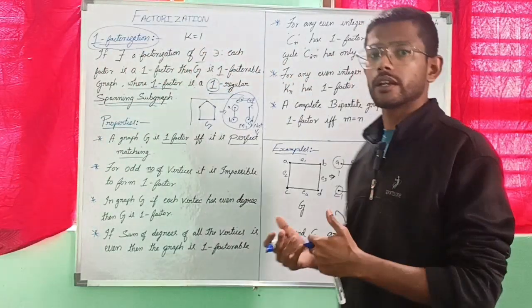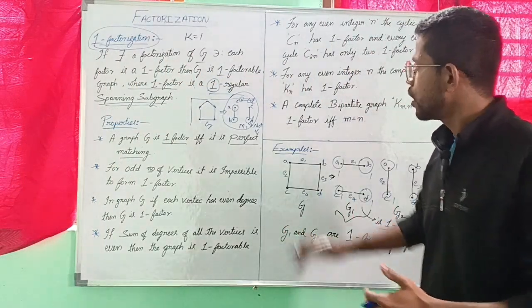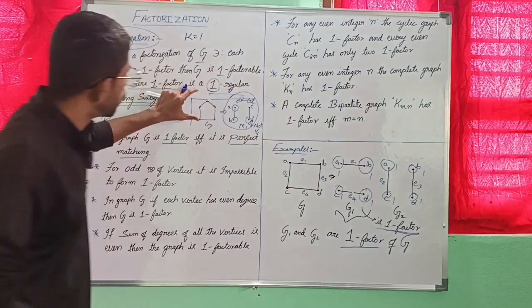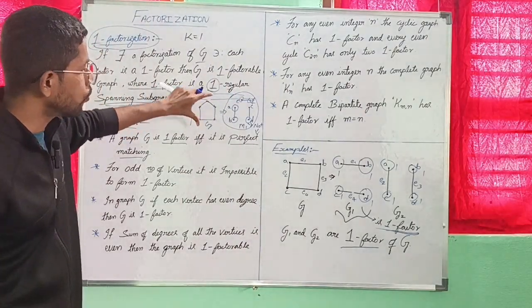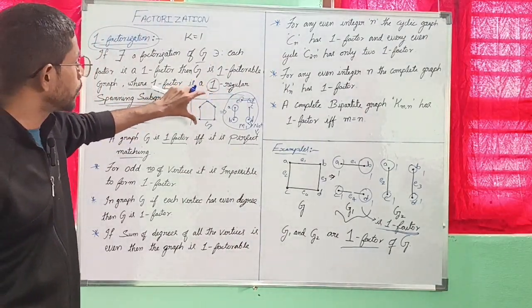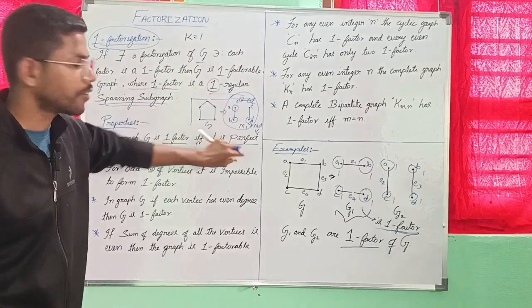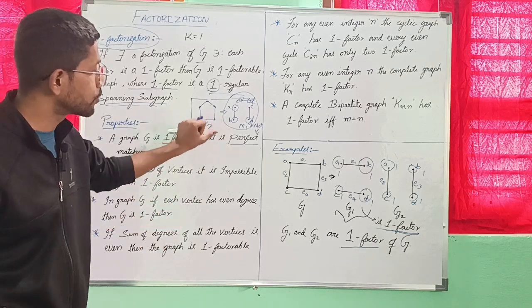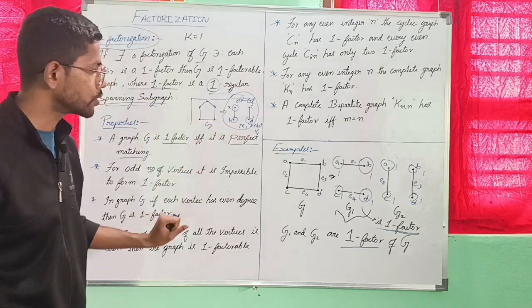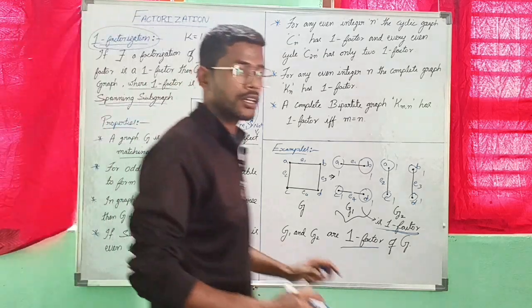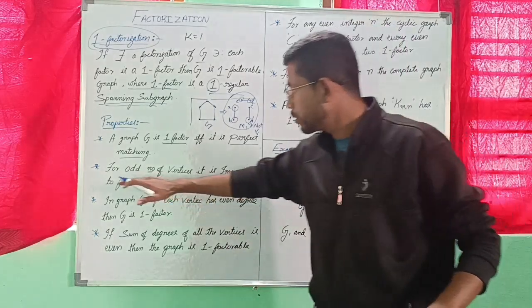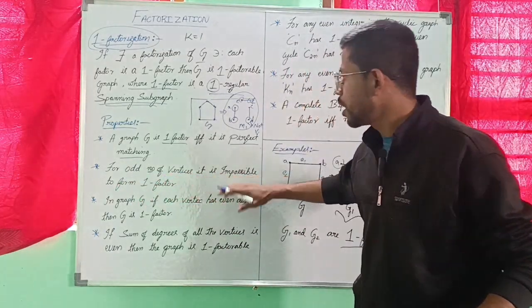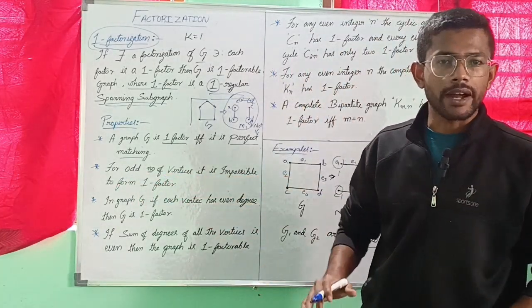Why is it impossible? Because when we have 5 vertices, or an odd number of vertices, it may lead to no perfect matching. Do you understand? That's why for an odd number of vertices it is impossible to form a one factor.